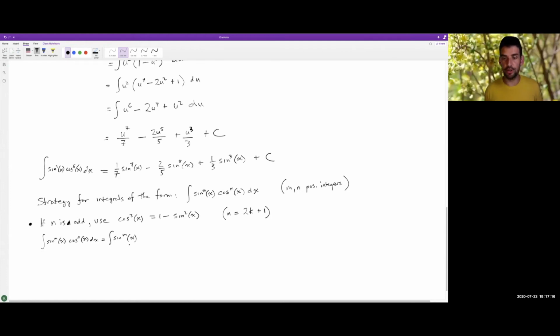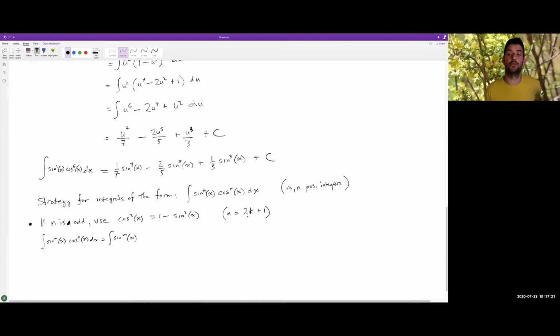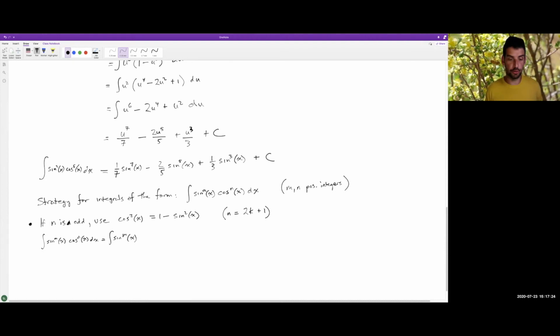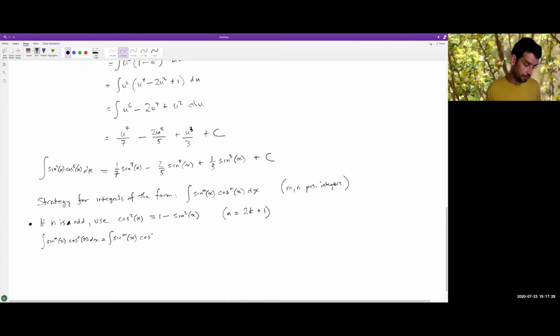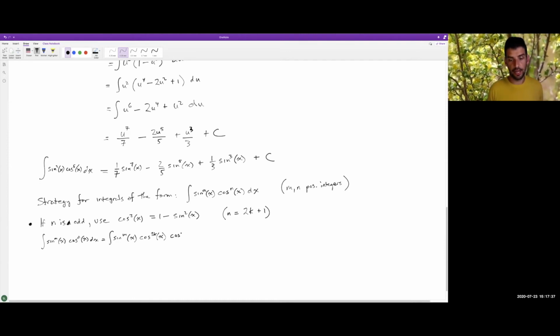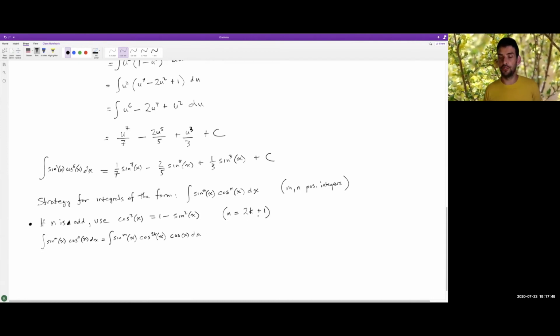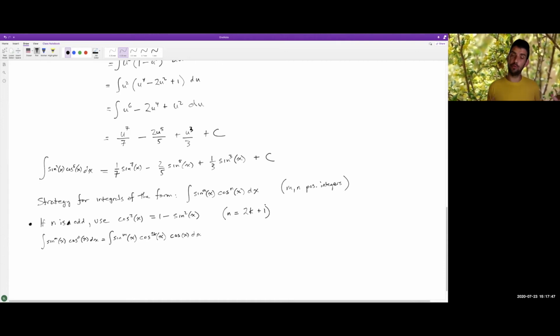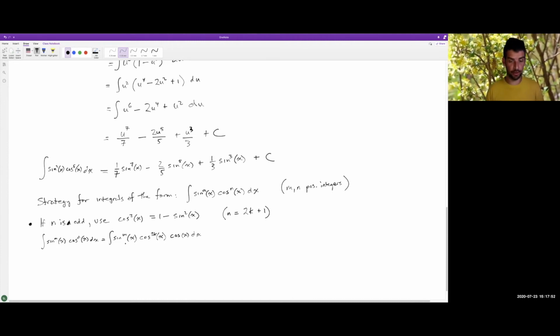Every odd number is an integer times 2 plus 1. 5 is 2 times 2 plus 1. 13 is 6 times 2 plus 1. What that means is I can write this as cosine to the 2k power times cosine of x dx. So if n is an odd integer, I can think of it as 2k plus 1. Like when we had the 5th power, we thought of it as 2 times 2 plus 1, so we had a cosine to the power of 4 and a cosine to the power of 1.